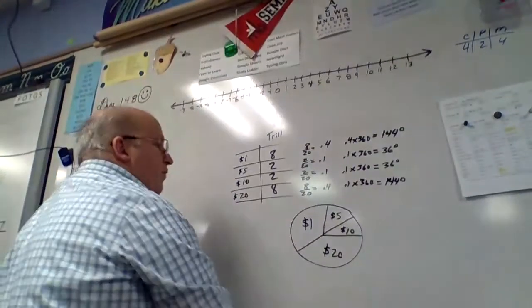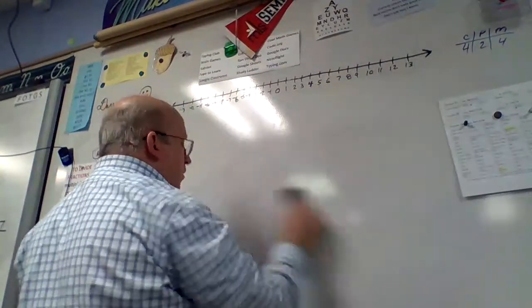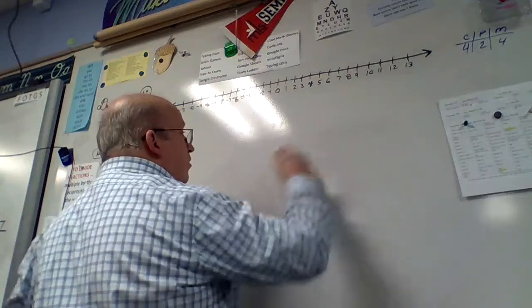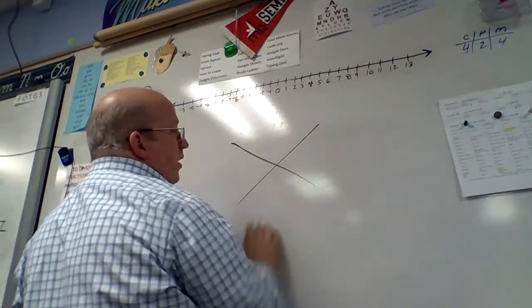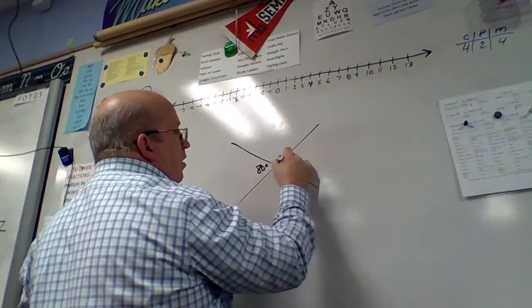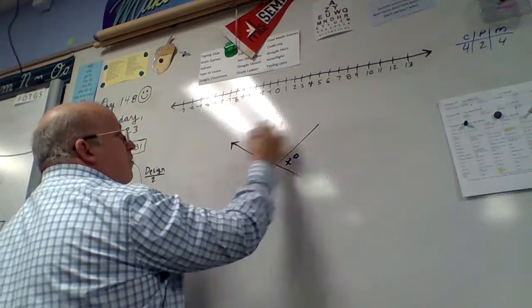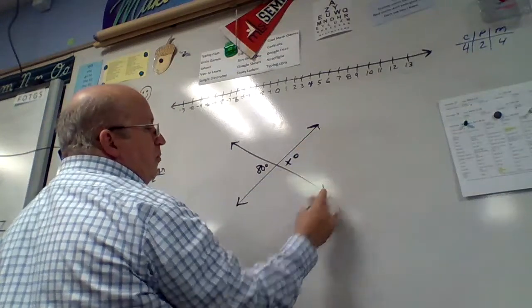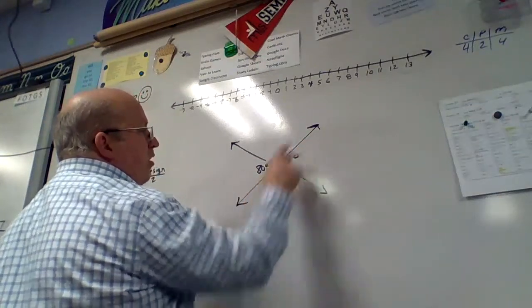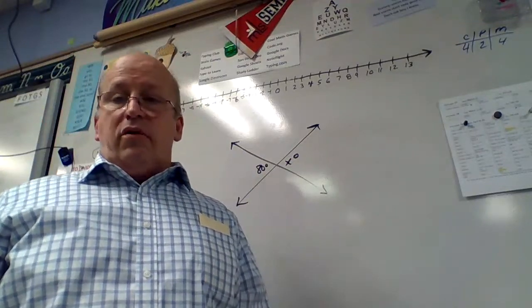Okay, let's go on to 5 and 6. 5's talking about something called vertical angles. I have two angles that look like this, and let's say this angle measures 80 degrees. Is there a way to figure out that value? And the answer is yes. Vertical angles in your book are described as two angles that are opposite of each other in regards to intersecting lines.